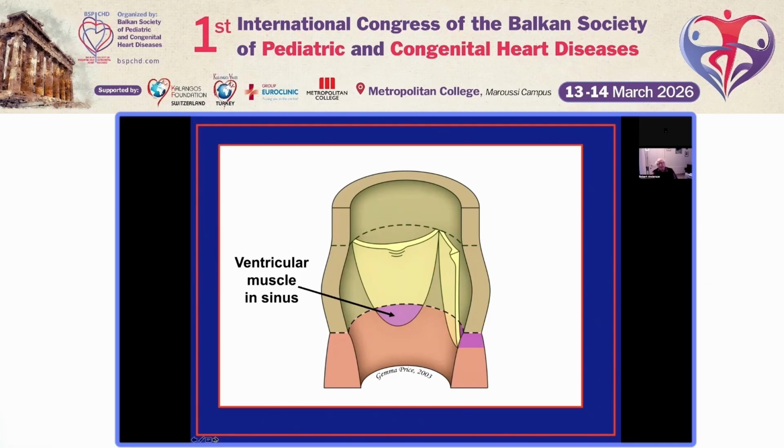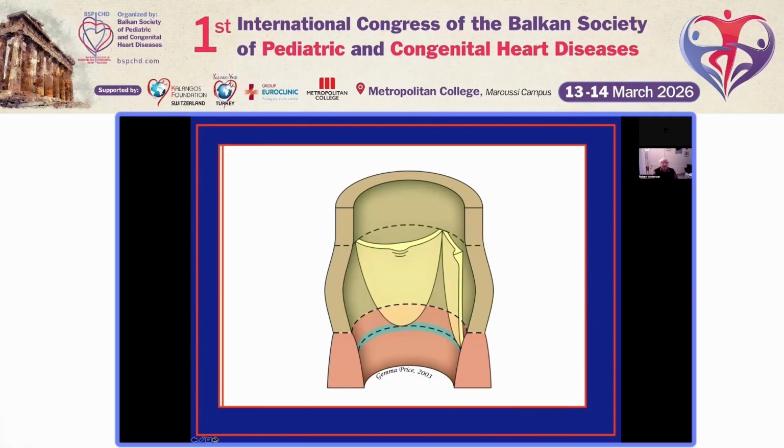We have that in the aortic root, but in the aortic root, the myocardial crescents were present only at the bases of the two sinuses that gave rise to the coronary arteries. In the pulmonary root, there is myocardium at the base of all three of the sinuses, and it is by joining together the bases of those myocardial crescents that we produce the virtual basal ring.